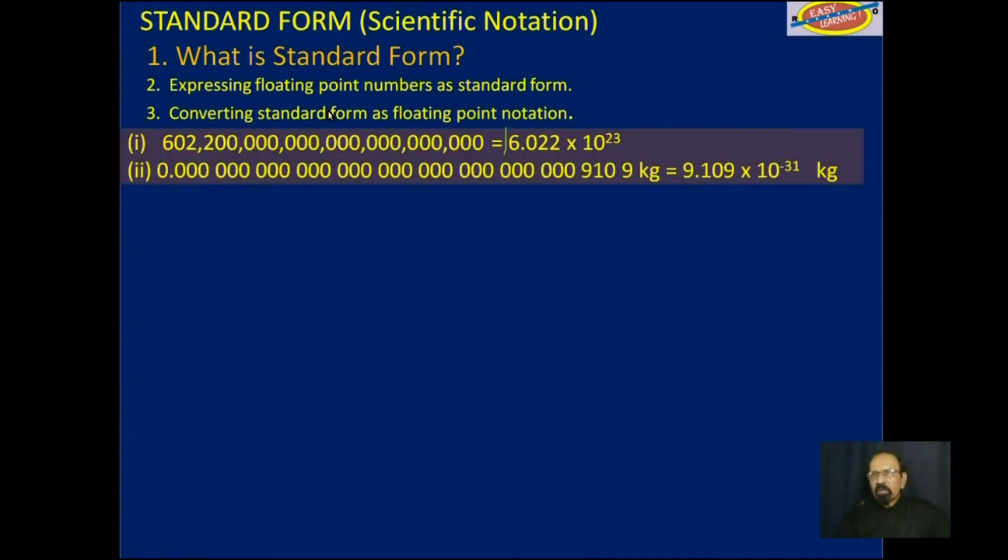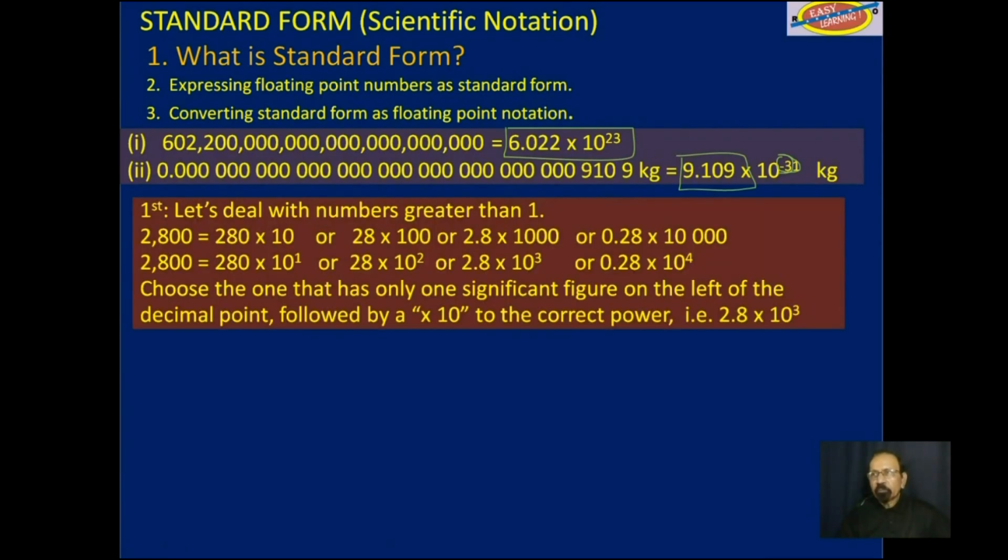So you notice this format, 6.022 times 10 to the 23rd, or 9.109 times 10 to the negative 31. That is the format scientific notation is written in, sometimes called standard form.